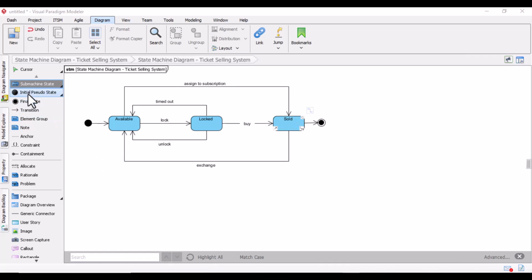You can see here the initial pseudo state and the final state; you will get these in your own tool and you can just drag them. But if you see, the state is not really a rectangle, there is a circle around this rectangle. That is what a state is, unlike the activity diagram which we saw in the last section, right?